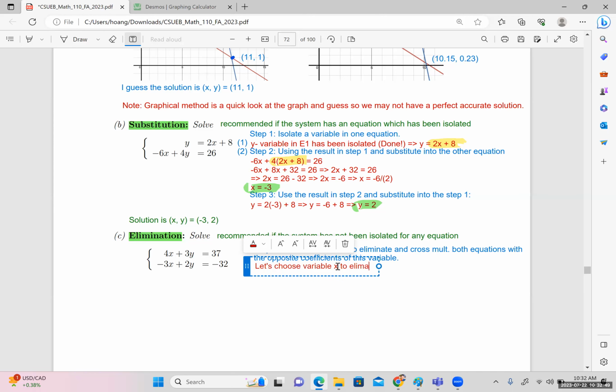to eliminate. So we will cross multiply equation 1 with 3, and equation 2 with 4.